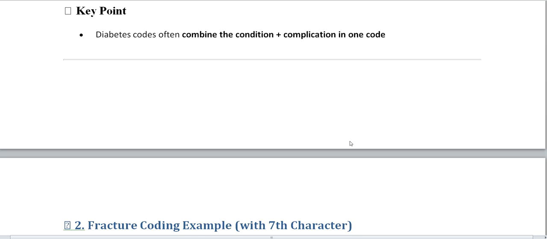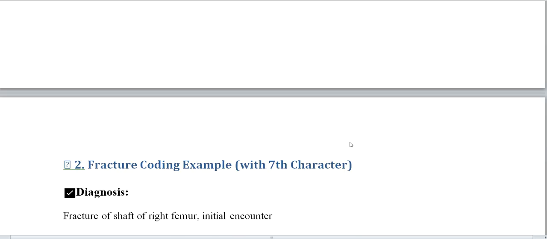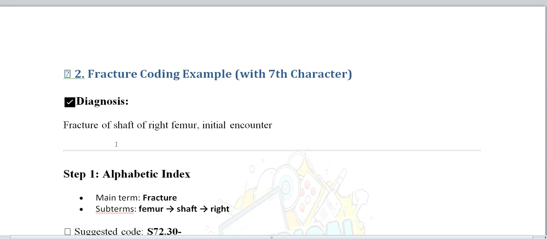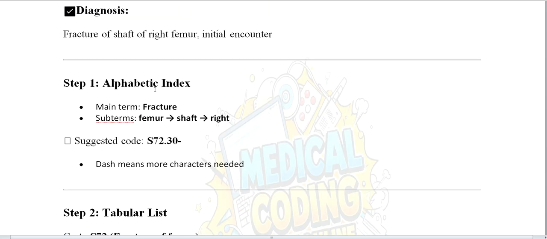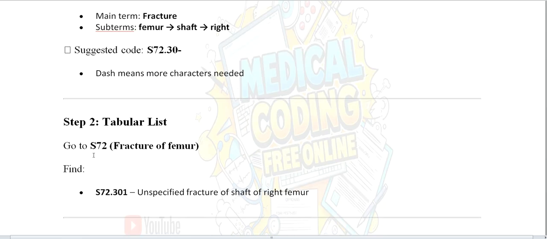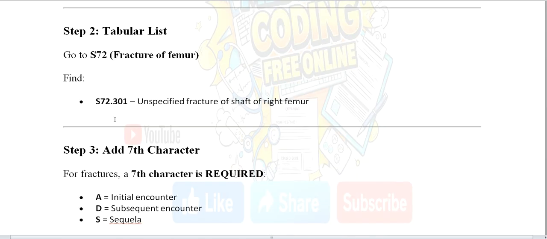So second example: fracture. Fracture of shaft of right femur, initial encounter. First, in the alphabetic index, main term fracture, subterm femur, shaft, right. So it suggests the code S72.30-. The dash means more characters are needed. In the tabular list, go to S72 fracture of femur: S72.301 unspecified fracture of shaft of right femur.